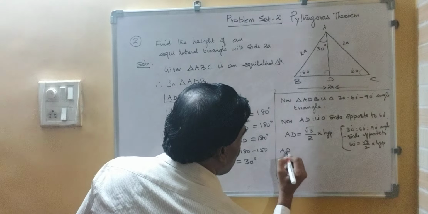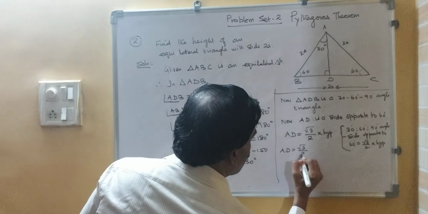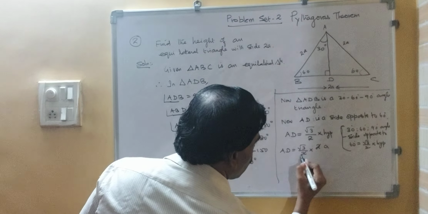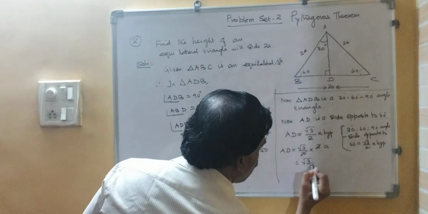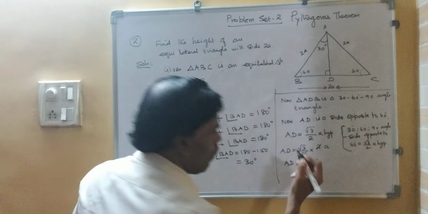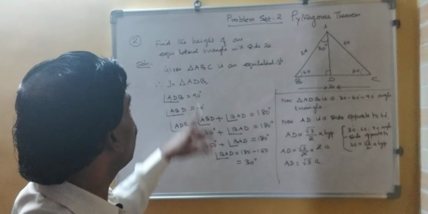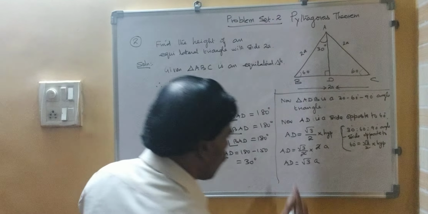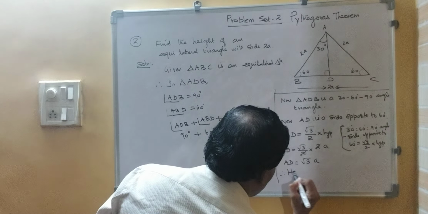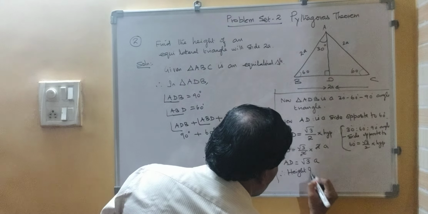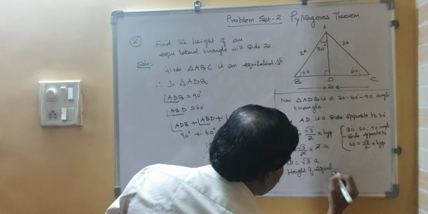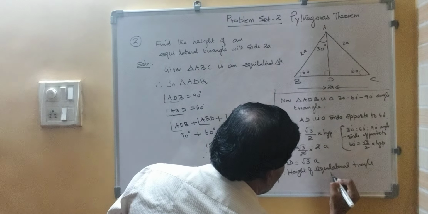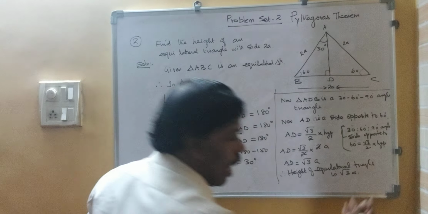So, AD equal to root 3 upon 2 into what is hypo? 2a. 2 gets cancelled. So, root 3a is AD. So, we got AD. So, what is the height of the triangle? Therefore, height of equilateral triangle is root 3a.